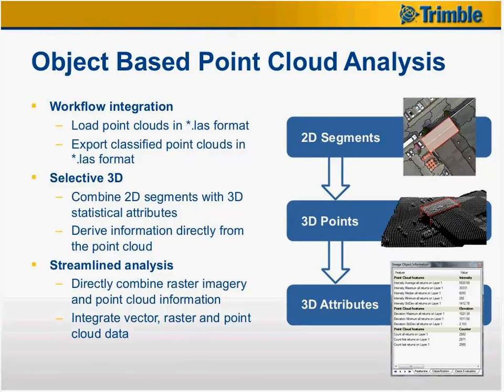Now I want to give you an insight into the new capabilities to use point cloud information in eCognition. First, in eCognition 8.7, we can classify and export point clouds now. The new export algorithm named the LiDAR file export supports the LAS file format and the classification of the points. Based on classified image objects in an image object domain, we can assign the LAS classification tag to the corresponding points of the object.